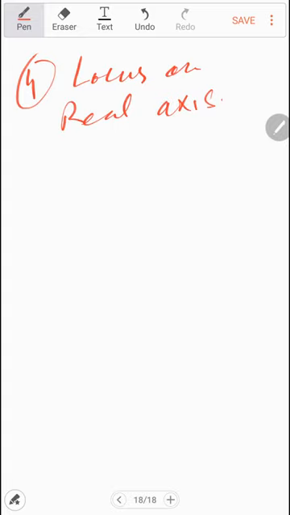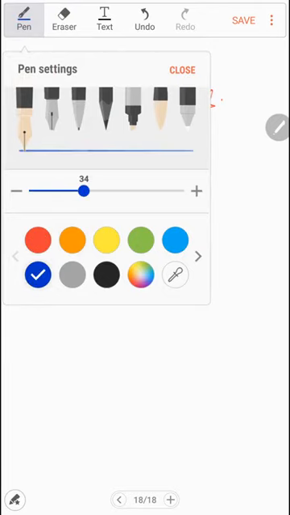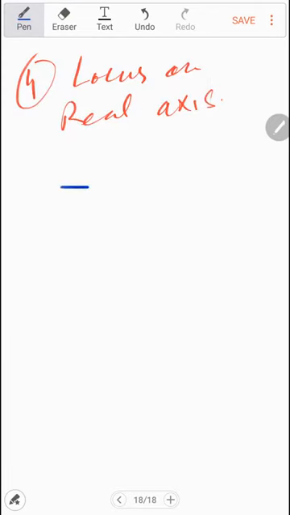But the next one is the locus on the real axis. So this is also important. Please note that we have to count the poles and zeros on the real axis.